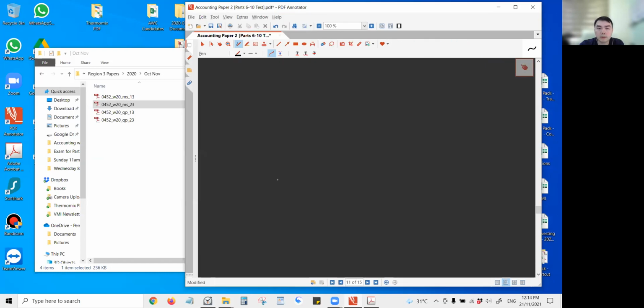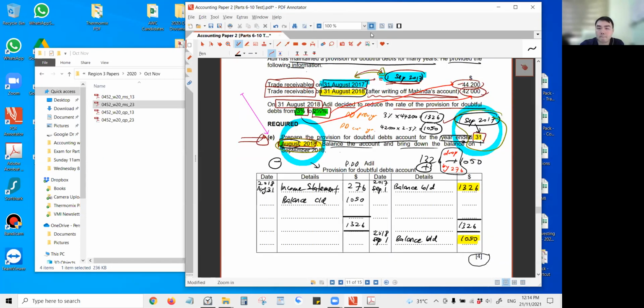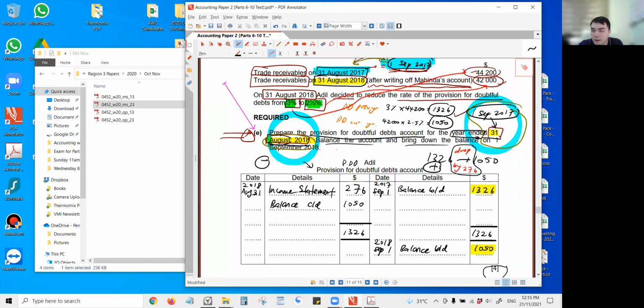The 276 is the decrease that you have determined at the year end. You determine that yes, it dropped by 276 at the year end. So that's why you write year end here. You can see it like this. Before you draw the lines, this is considered one year.